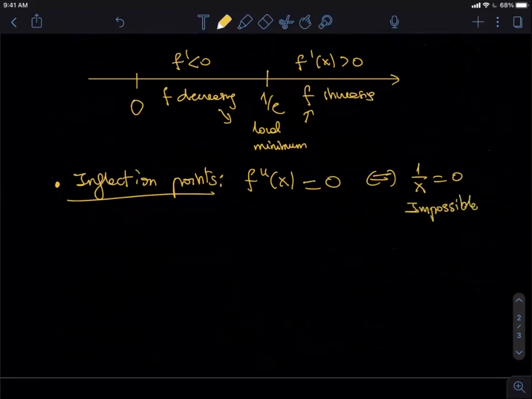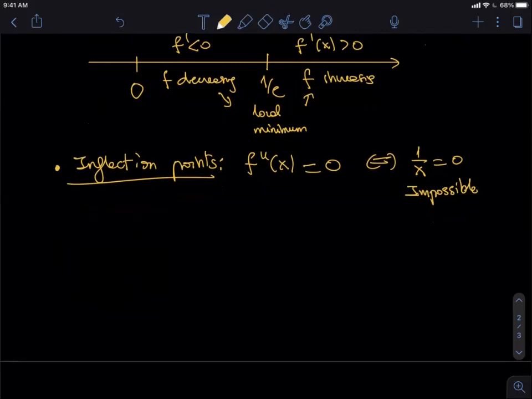For this to be true, x would need to be infinity, but that's not a point. Okay. So this is impossible. So there are no inflection points.